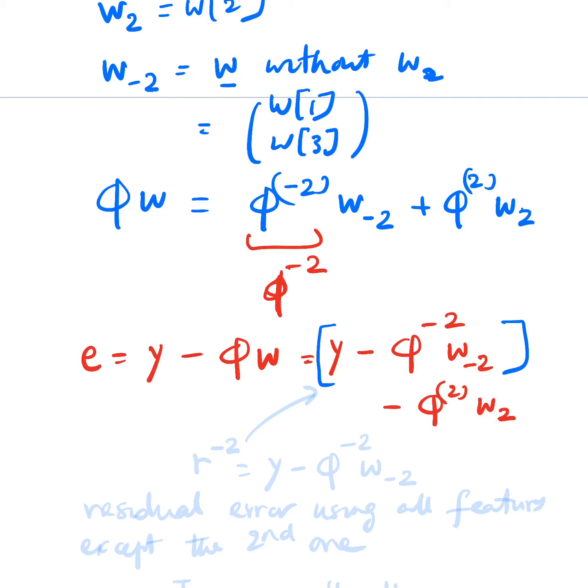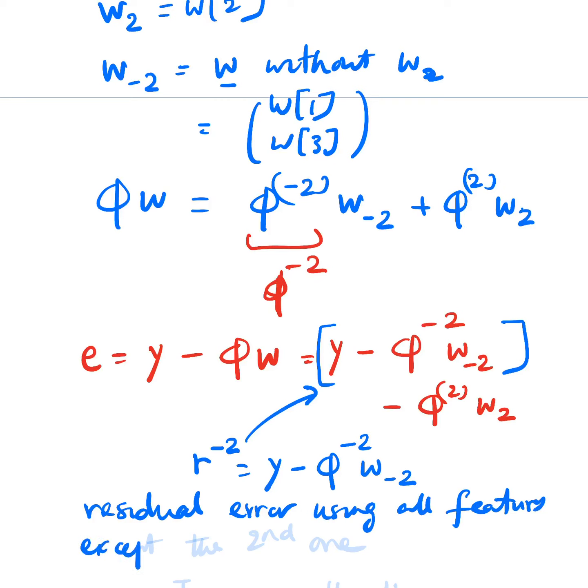Let me call this r of minus 2, which is y minus phi of minus 2 w minus 2. So this is a residual error when using all features except the second one.